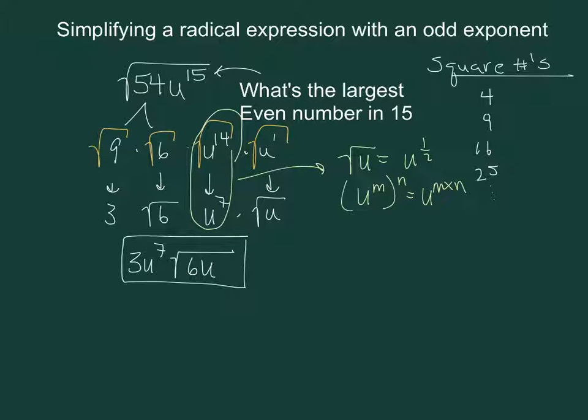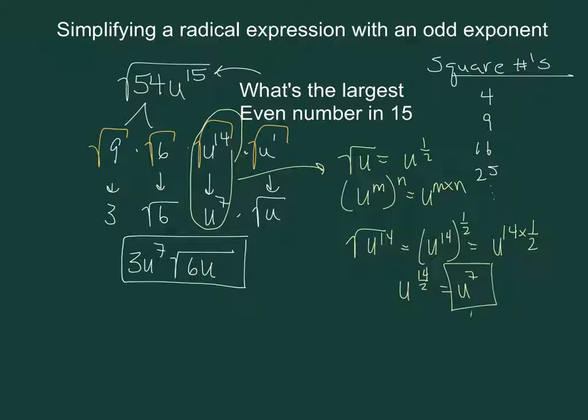So the square root of u to the 14th is like saying u to the 14th to the 1/2, which is u to the 14 times 1 over 2, which is u to the 14 over 2. Well, 14 divided by 2 is 7, which is why we have that.